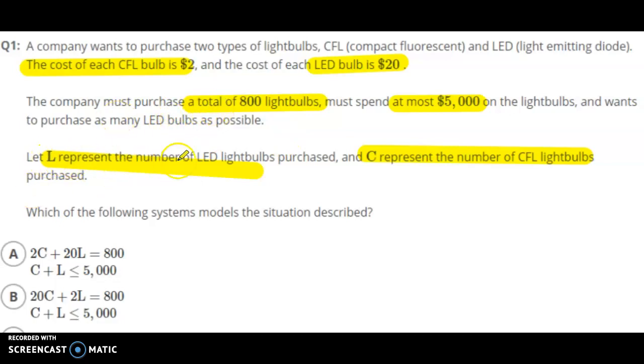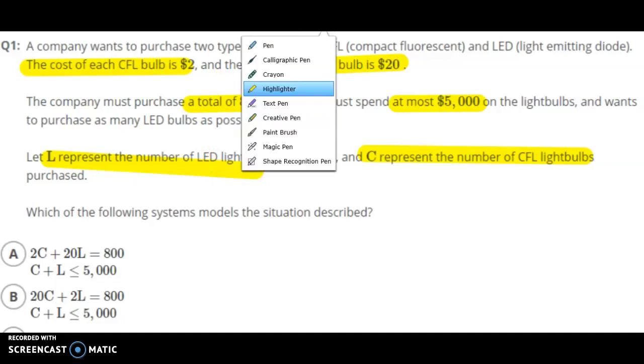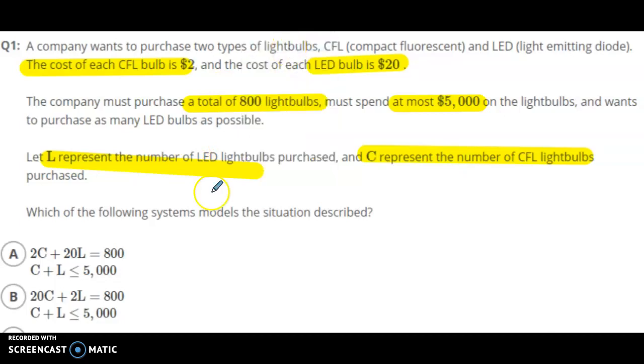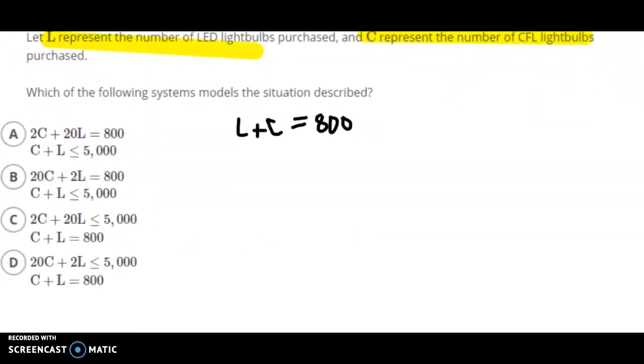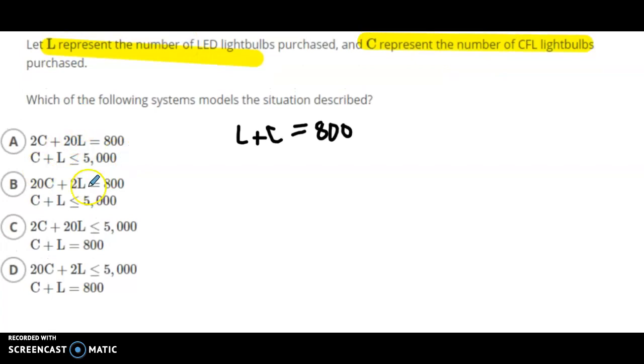The number of LED bulbs is L, and the number of CFL bulbs is C. If you add those together, L plus C, that's the total number of bulbs you're going to have, which is 800. So we should have L plus C or C plus L equals 800 somewhere in here. And that eliminates, as an option, B.